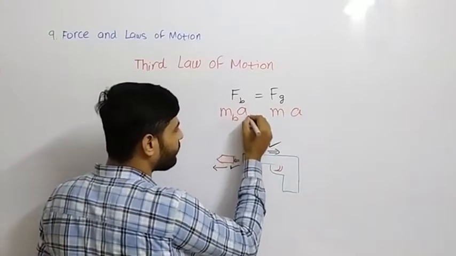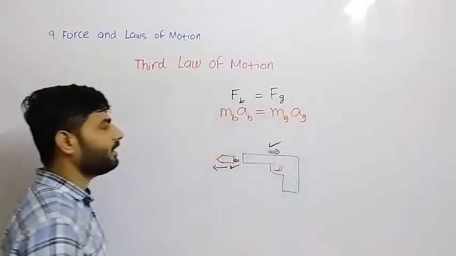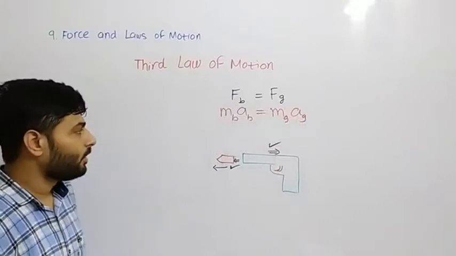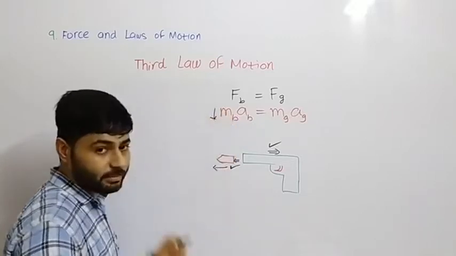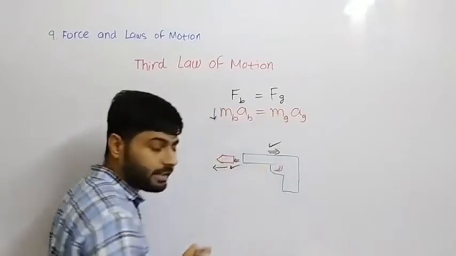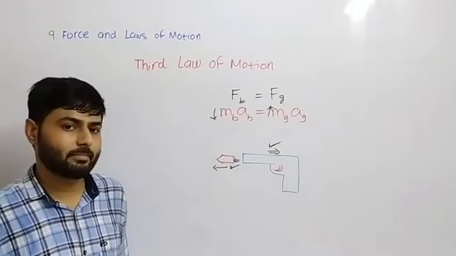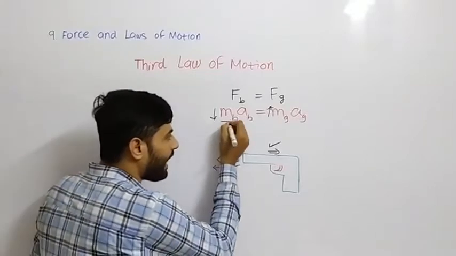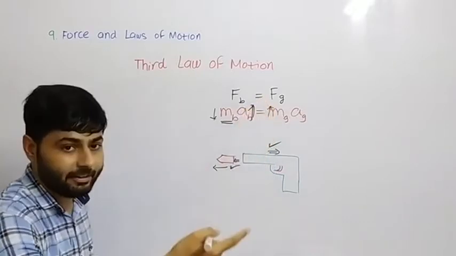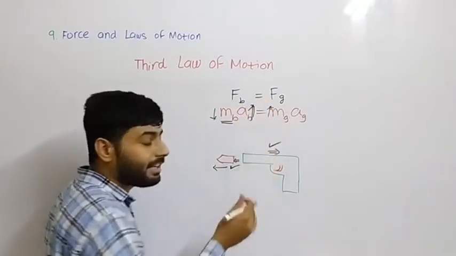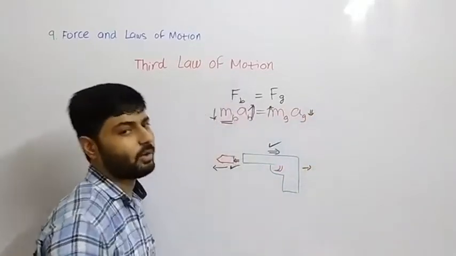The masses and accelerations of bullet and gun differ: the mass of the bullet is very small compared to the mass of the gun. So here the mass is low, so the acceleration will be very high. But here the mass is very high, so the acceleration will be very low.